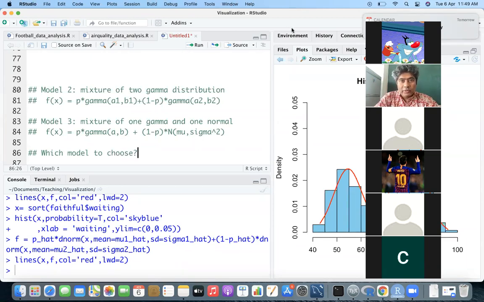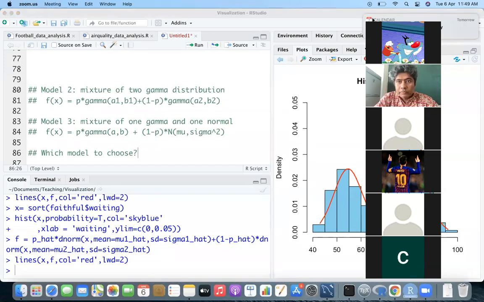There is a chat saying chi-square goodness of fit test can be used to check which is better. Okay, very good answer.